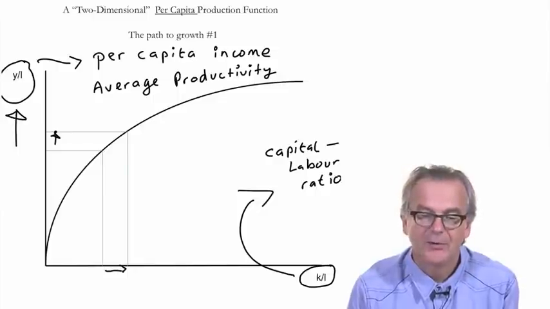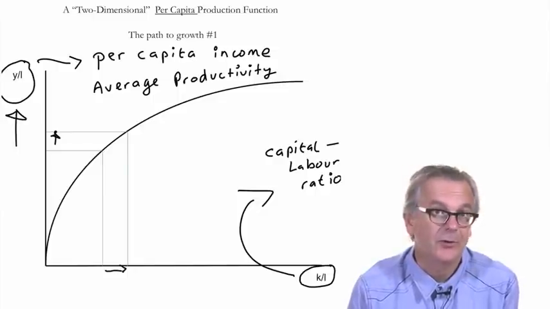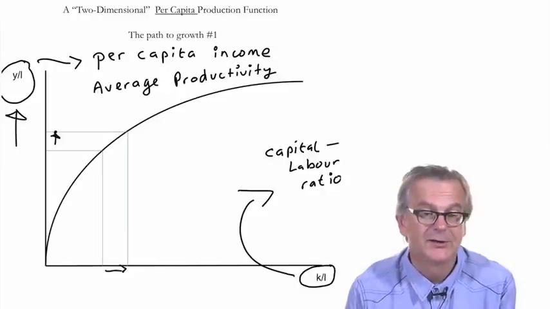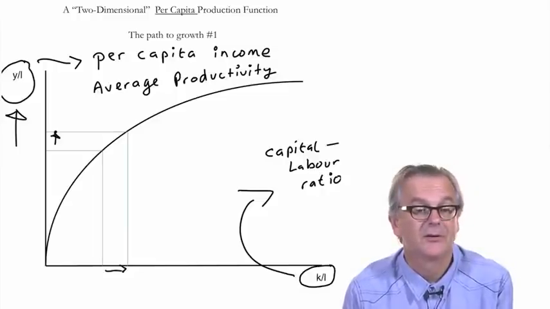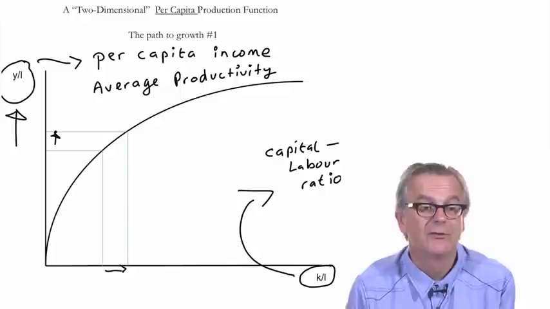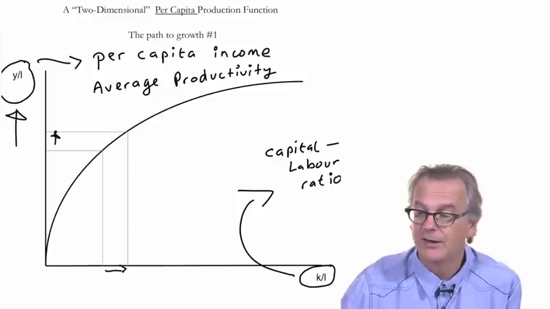So increasing the capital labour ratio, providing each worker with more capital, in other words, is a path to economic growth. It increases the flow of per capita income.